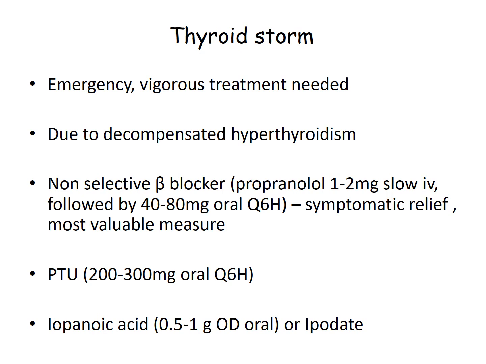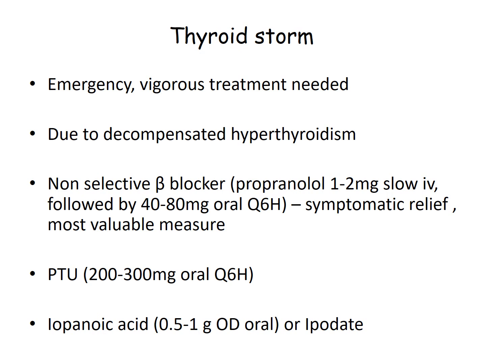It is an emergency situation where the thyroid gland will secrete an enormous amount of thyroid hormone into the body. At that time, we have to use non-selective beta blockers. For the treatment of thyroid storm, the drugs used are non-selective beta blockers: propranolol 1 to 2 milligrams slow IV, followed by 40 to 80 milligrams orally 6 hourly, for symptomatic relief and as the most valuable measure.